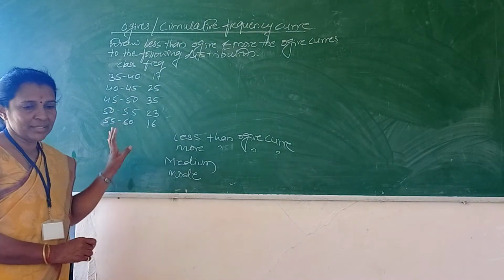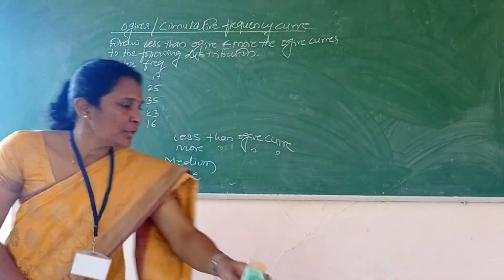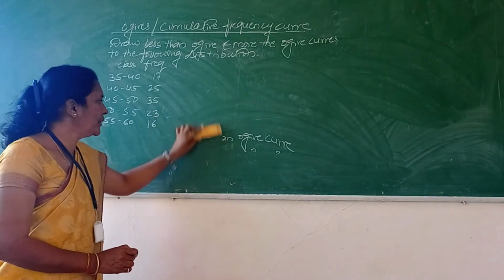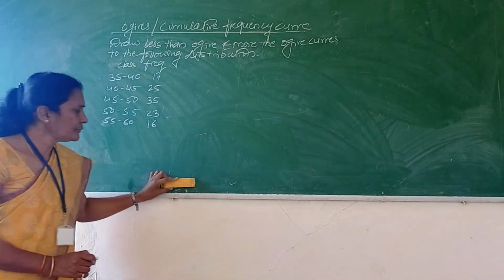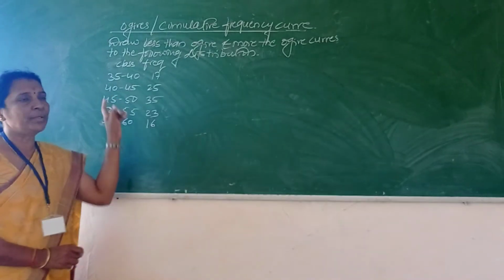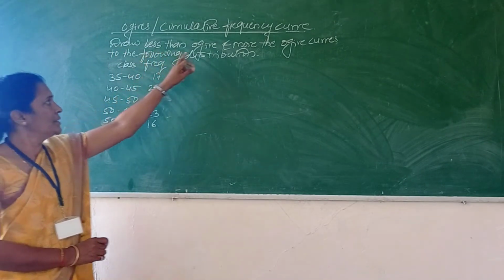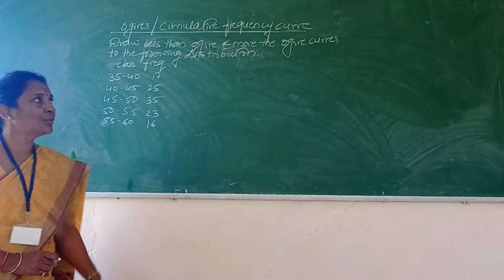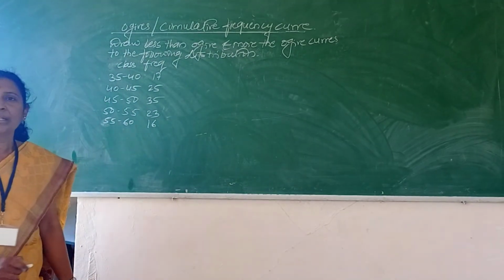Now this is the example which is given to you. With the help of this particular example we will draw Ogive curves. Now in this problem what is given? Draw less than Ogive and more than Ogive curves to the following distribution.